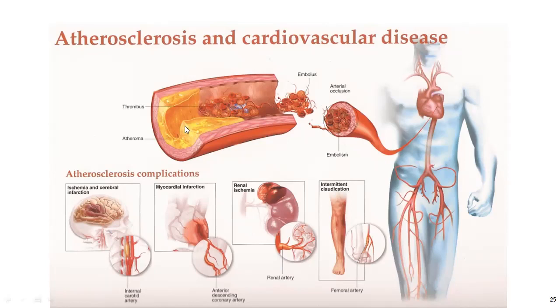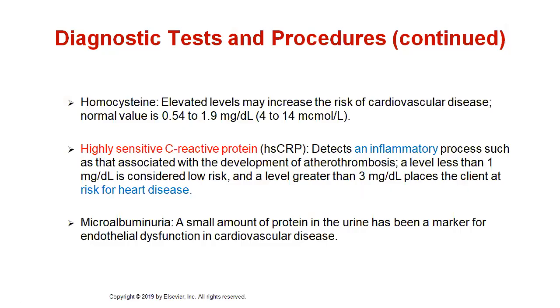So if atherosclerosis is not treated, it leads to ischemia or cerebral infarction, meaning infarction in the brain, myocardial infarction, or MI, renal ischemia, or intermittent claudication. These are the common complications of untreated atherosclerosis.